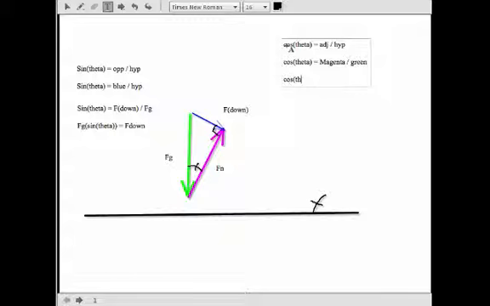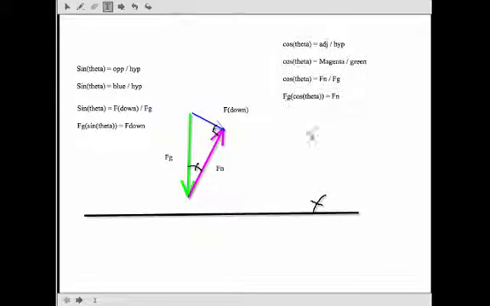And therefore, cosine theta is equal to what the magenta is, which is F_n, divided by what the green line is, which is F_g. And so we can say, okay, F_g cosine theta equals F_n. And there you got it.